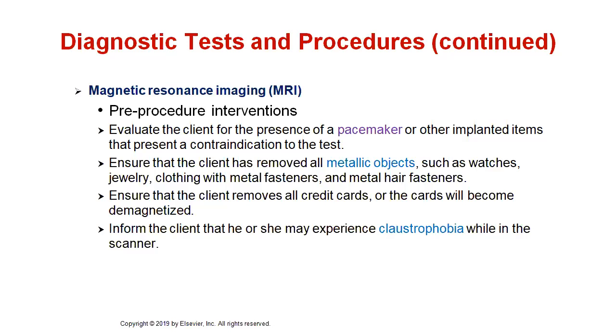Make sure the patient does not have any metallic implant. To recap, metallic implants mean pacemaker, orthopedic joint, artificial heart valves, IUD, or aneurysm clip. We have to remove it.